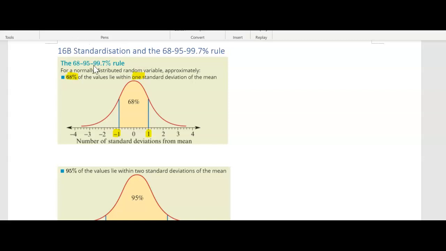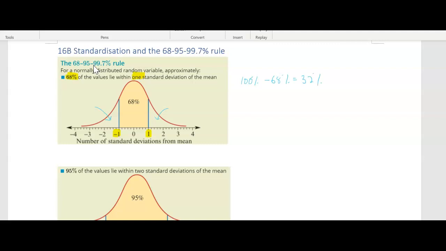Now you also need to know the percentages either side, because you're not just going to deal with a simple 68%. You need to know what percentages are either side of that. So we know everything has to be 100% from -infinity to infinity. So let's take away that middle 68% and we are left with 32%.